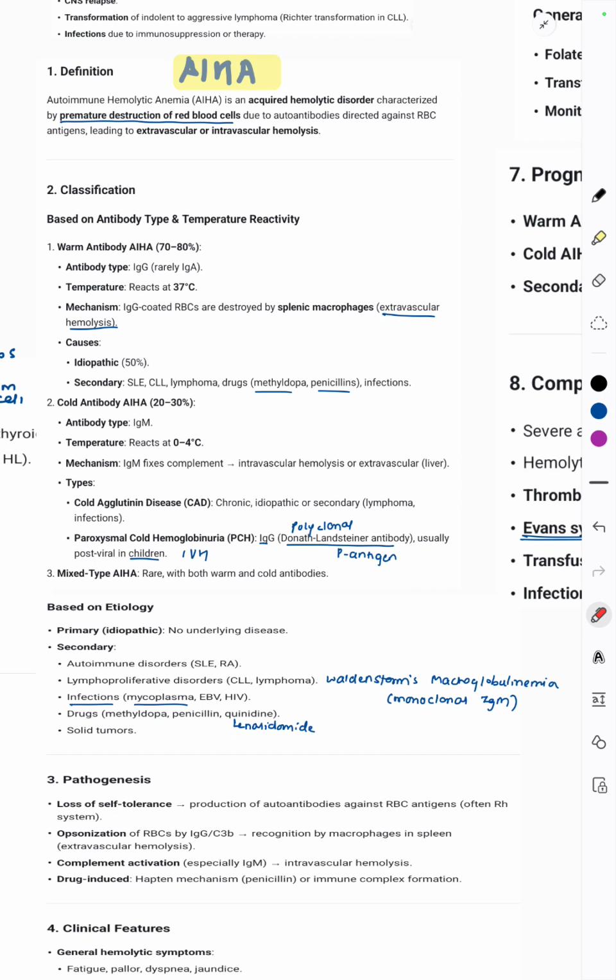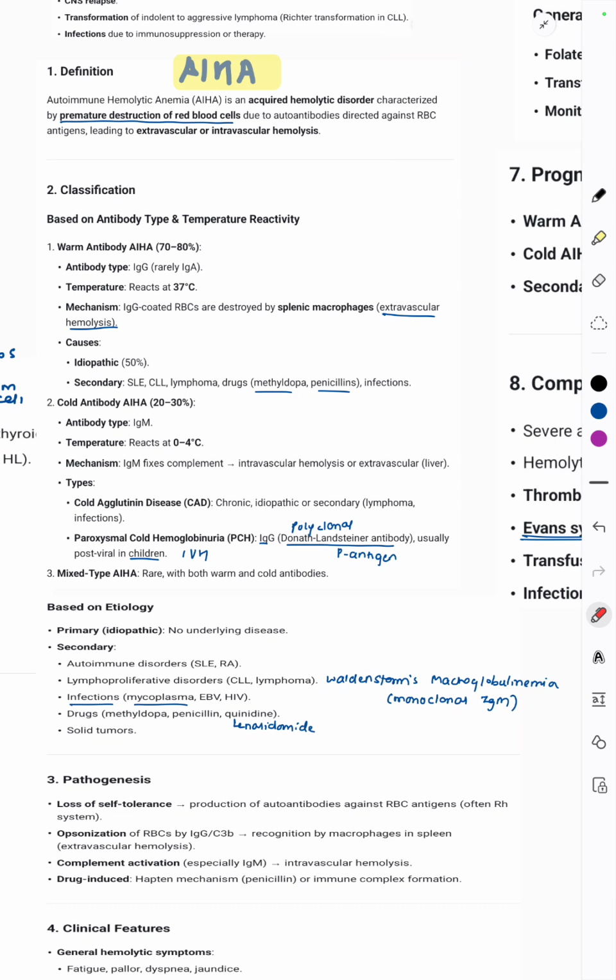In cold agglutinin disease, the antibody type is IgM, and the temperature is 4 degrees Celsius. The mechanism is that this IgM fixes the complement proteins, and because of which intravascular hemolysis, or extravascular hemolysis in the liver, happens. Now the cold agglutinin disease will be chronic idiopathic or secondary to infections.